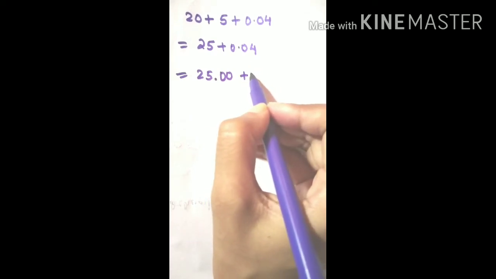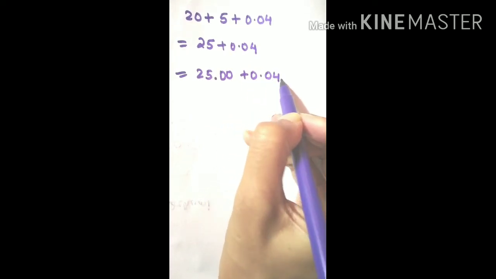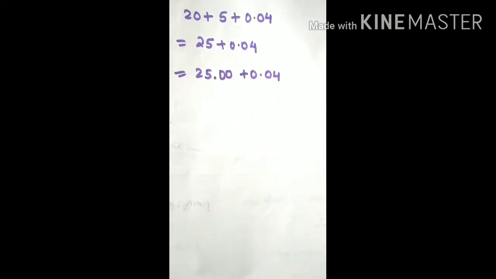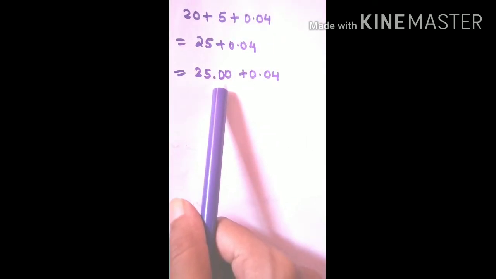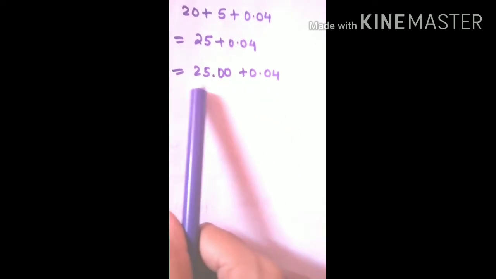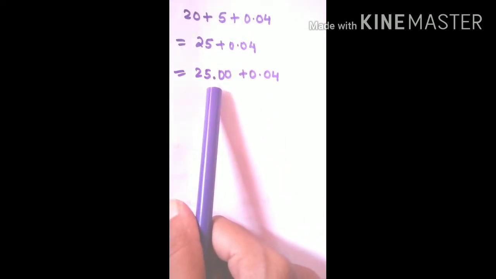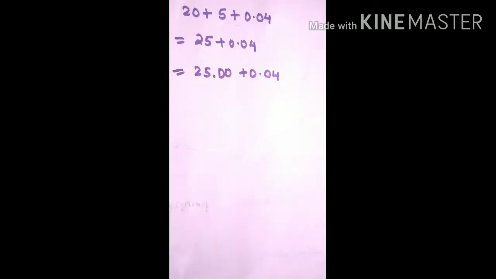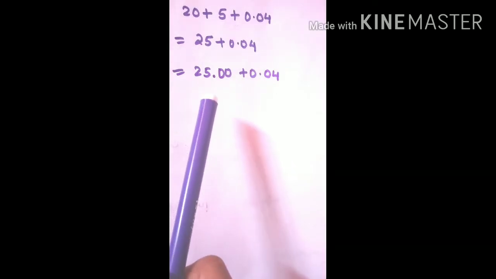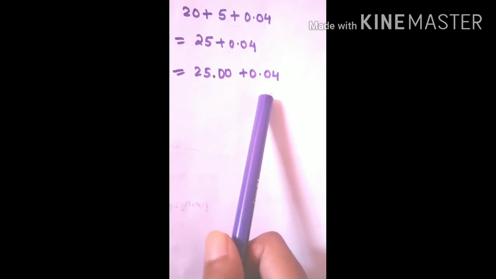And 0.04 will remain the same. Now since there are 2 digits after the point in both the decimals, that is, there are 2 decimal places after the decimal point, it will be easy for us to add these 2 decimals.